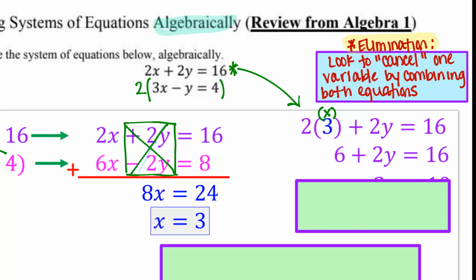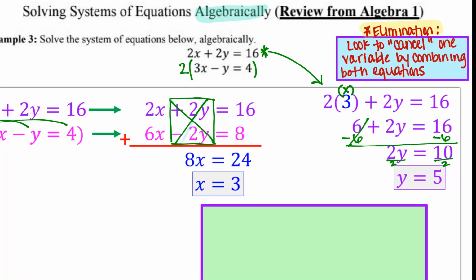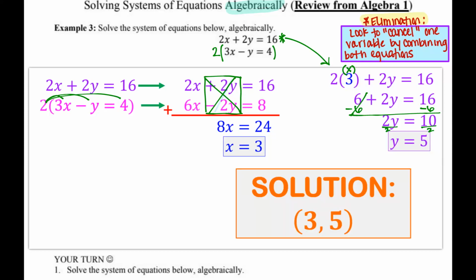We're going to move the 6 over by subtracting. We're left with 2y equals 10. And then last but not least, divide both sides by 2, and my y is 5. So my solution, right, if I were to graph these, where they would cross would be 3, 5, okay? But instead of doing it graphically, we're doing it algebraically and working through the problem by hand, okay?